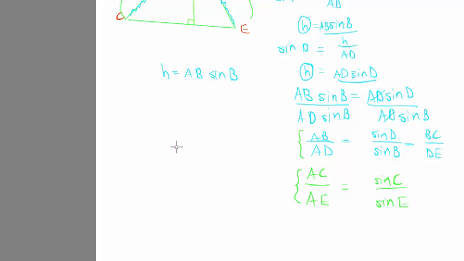So in the end we will have that sine D divided by sine E is equal to sine C divided by sine B.